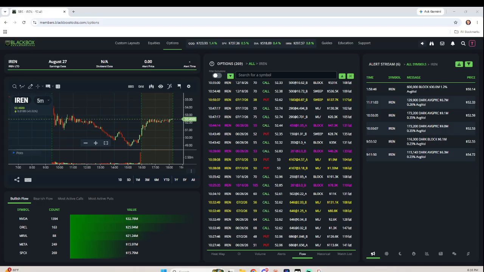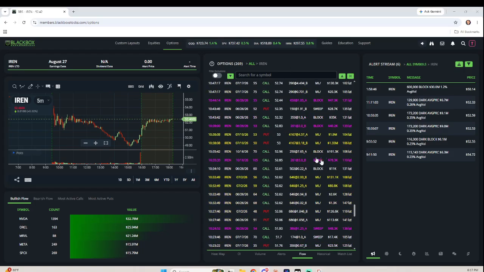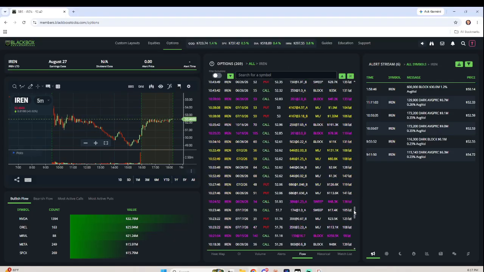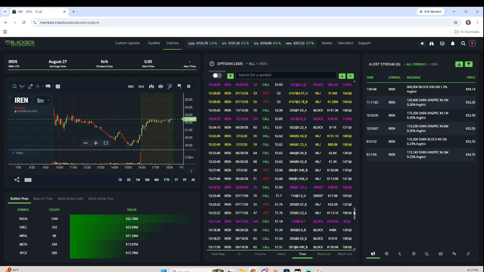So the only time the sequence matters is if it's between the ask and bid, and you're looking for some kind of color on whether you think it's buying or selling. Otherwise, it's kind of up for interpretation. But I'll try and cover that towards the end with some of the more complicated stuff.